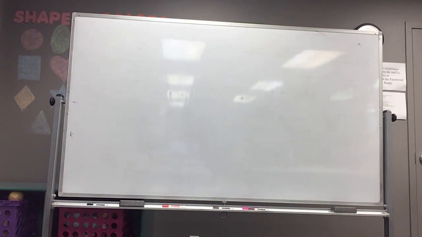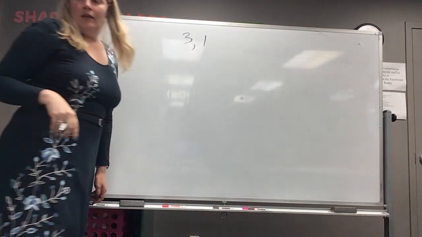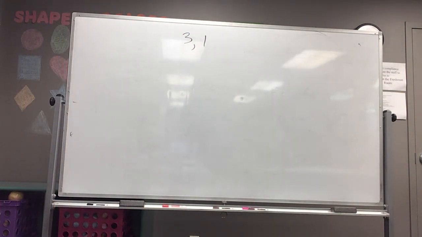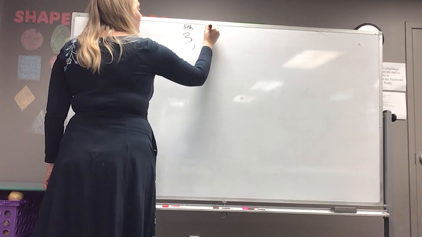If the 5th and 6th terms of a geometric sequence are 3 and 1 respectively, what is the first term? So this is the 5th, this is the 6th.